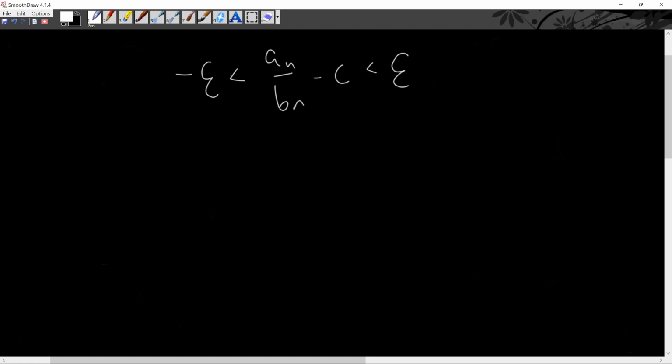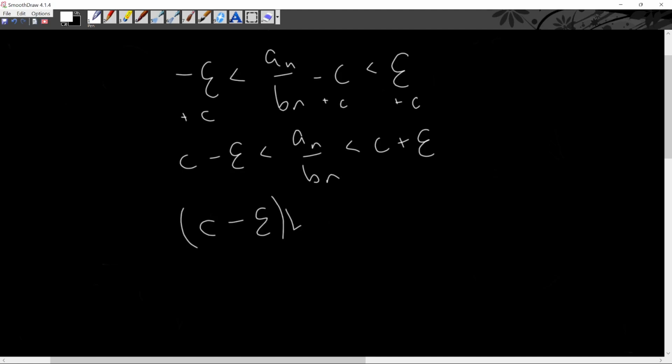And if we add c to all of these, you're going to have c minus epsilon is less than a sub n over b sub n, which is less than c plus epsilon. And to isolate that b sub n, we can just multiply it through everything. We're going to have c minus epsilon times b sub n is less than a sub n, which is less than c plus epsilon times b sub n.